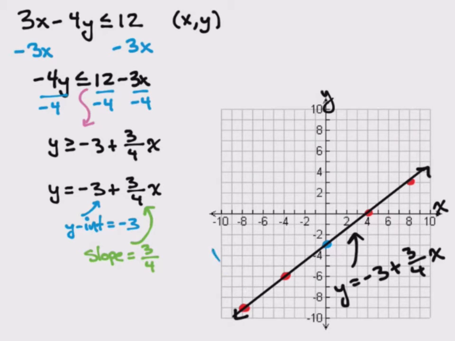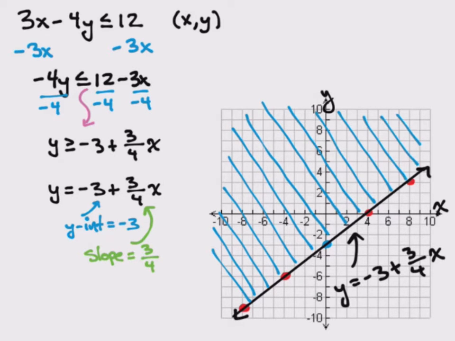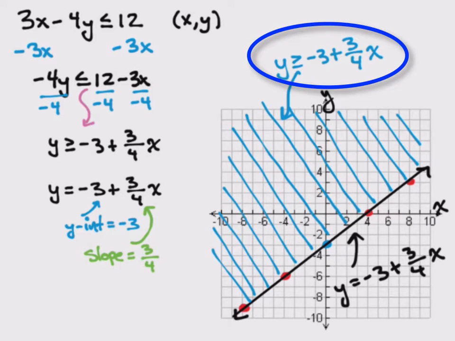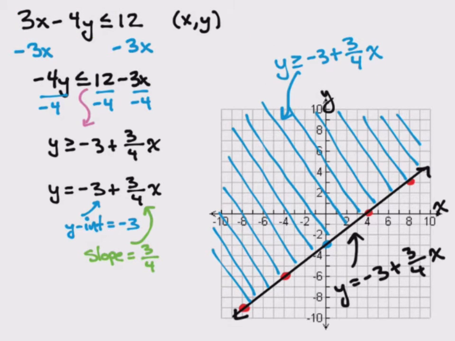So when we're graphing these inequalities by hand, my suggestion is to shade one half of the plane kind of like this. And this graph represents all of the solutions to the inequality y is greater than or equal to negative 3 plus 3/4 x, or the inequality 3x minus 4y is less than or equal to 12.